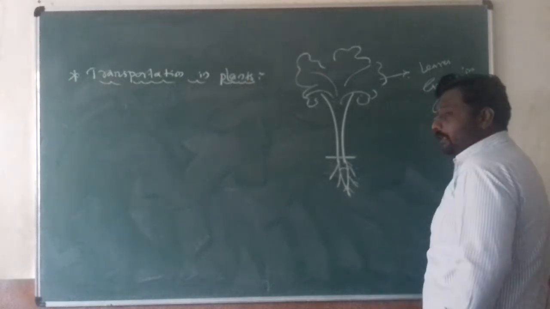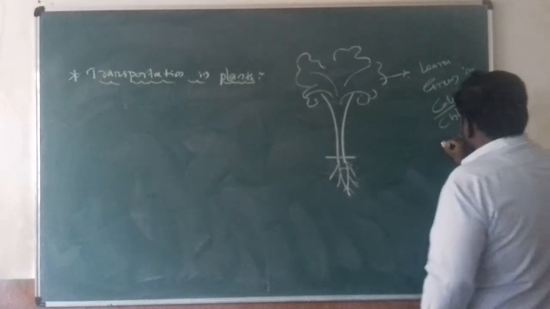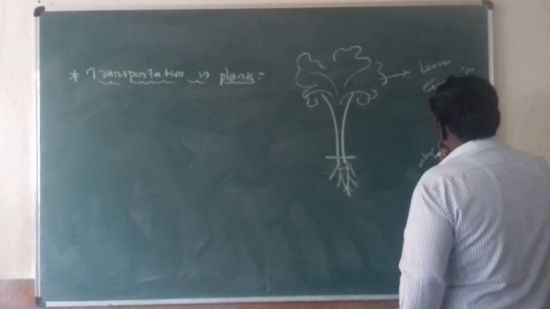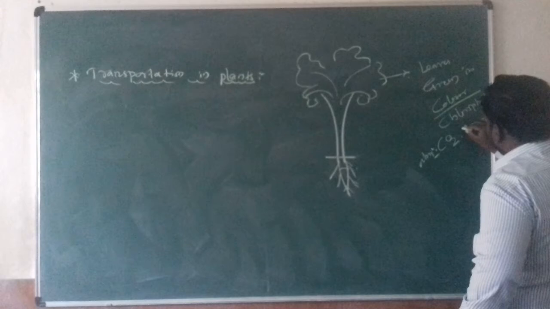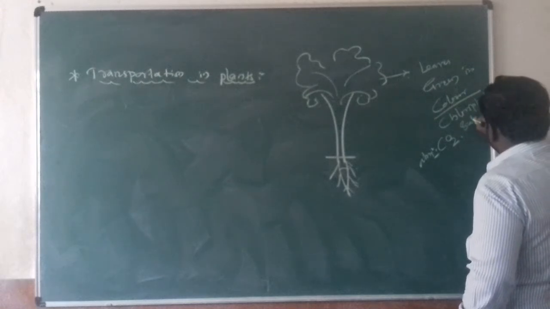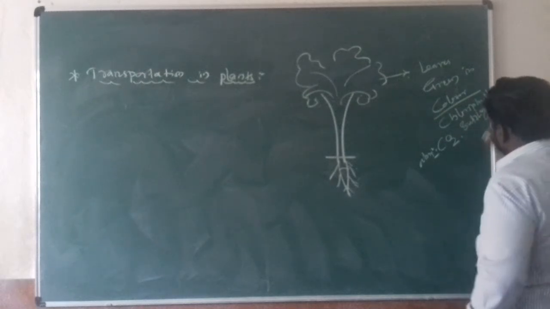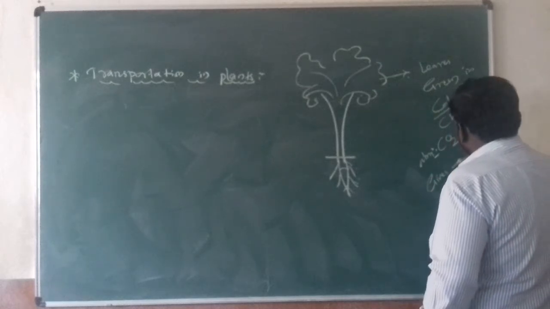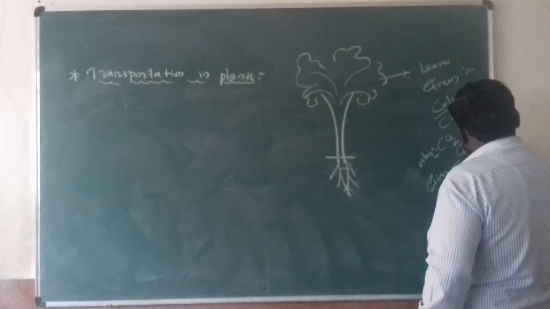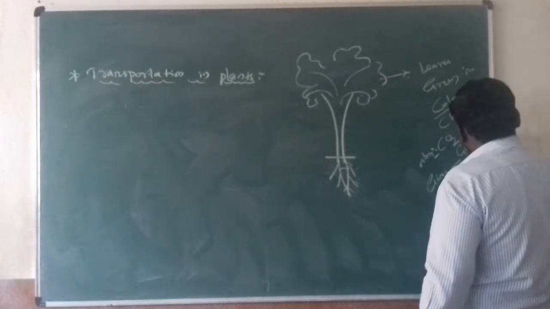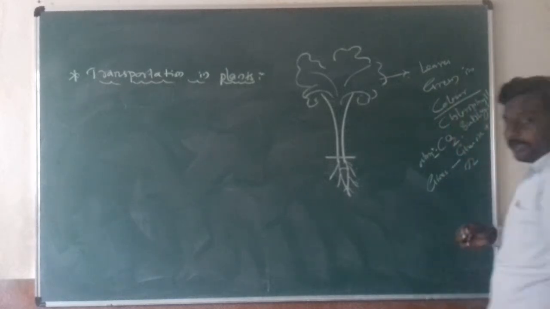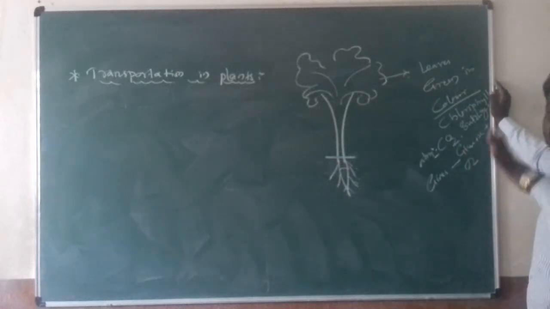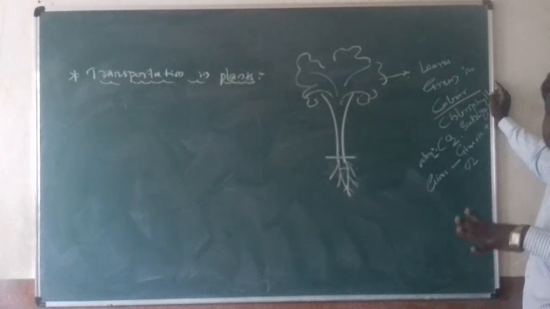With the help of chlorophyll pigment, absorption of carbon dioxide as well as sunlight takes place, and it reacts with water to give glucose plus oxygen. Clear? With the help of the green parts, it means leaves, the process of photosynthesis takes place.